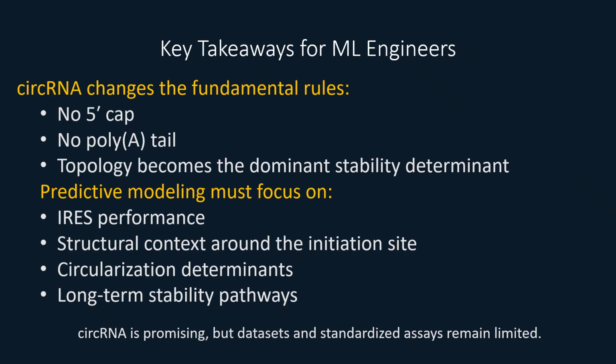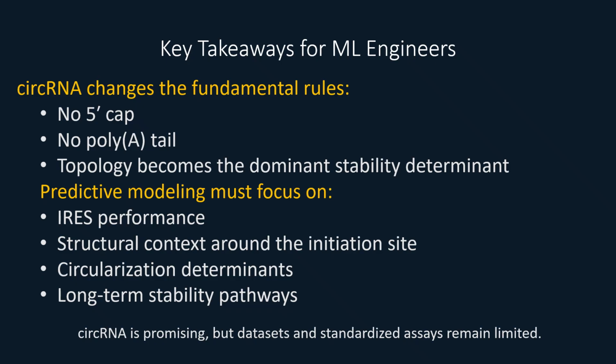Circular RNA changes the core assumptions from linear mRNA. No cap, no poly-A tail, and topology becomes the dominant stability determinant.